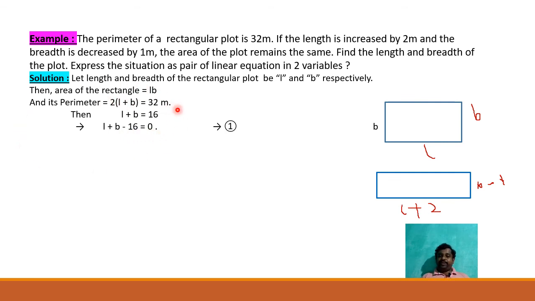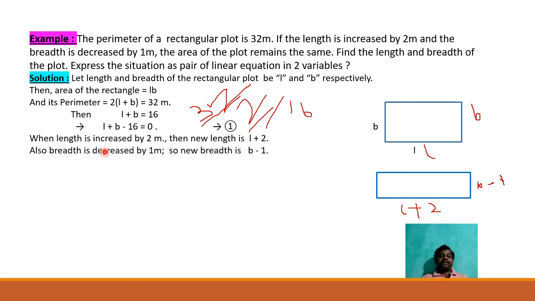Understand? 2 of L plus B, this is into 2, if it moves to the other side, it becomes divided by 2. 32 by 2 is equal to 16. So L plus B minus 16 is equal to 0.